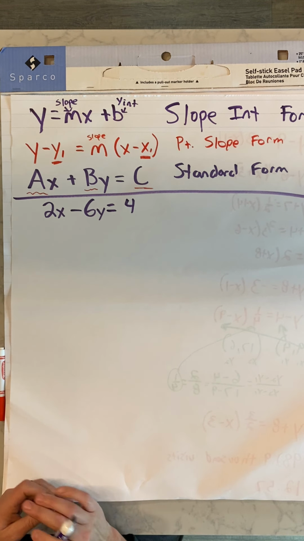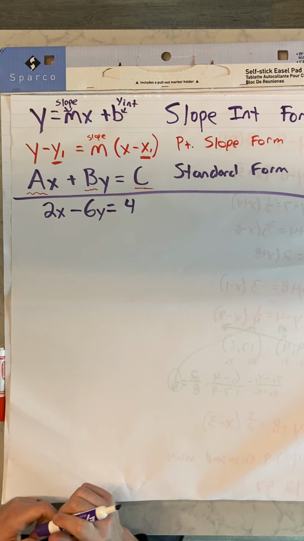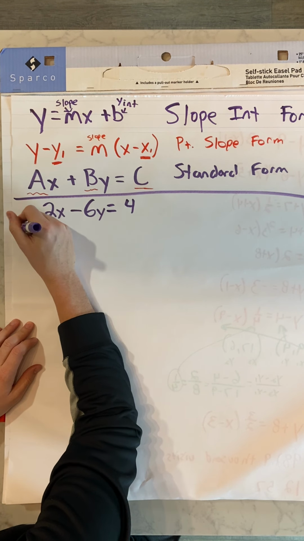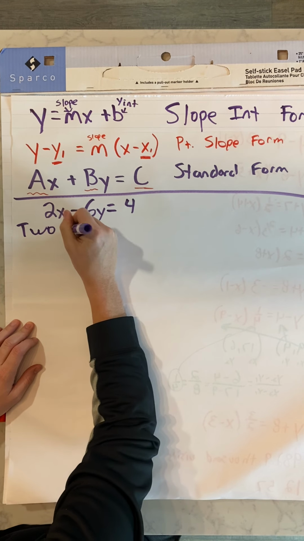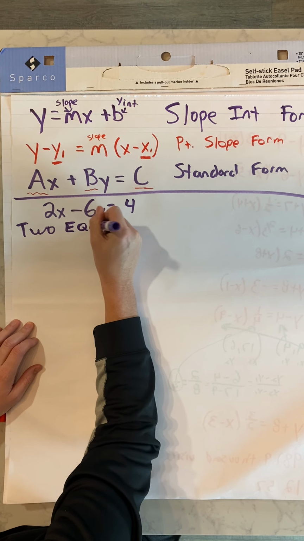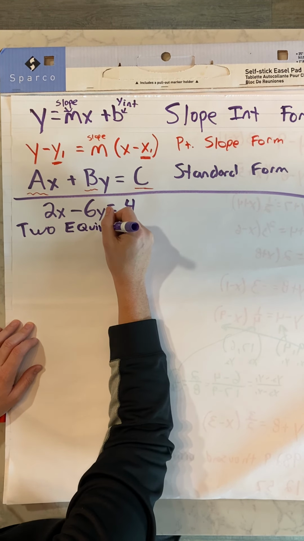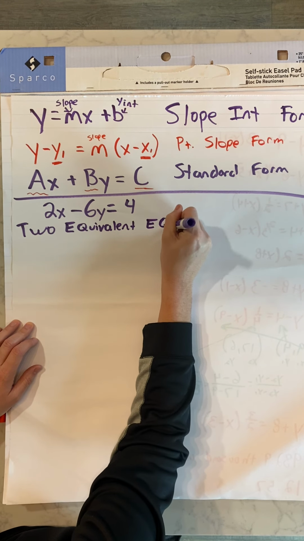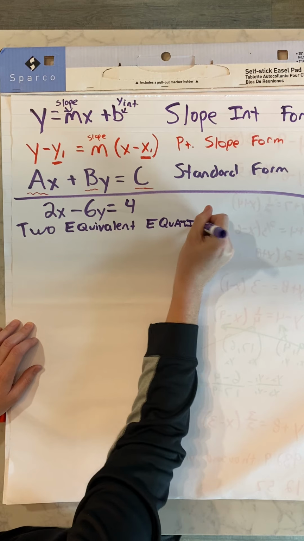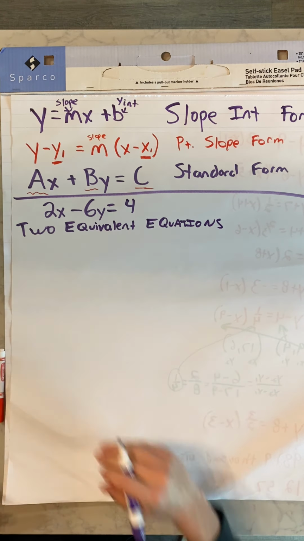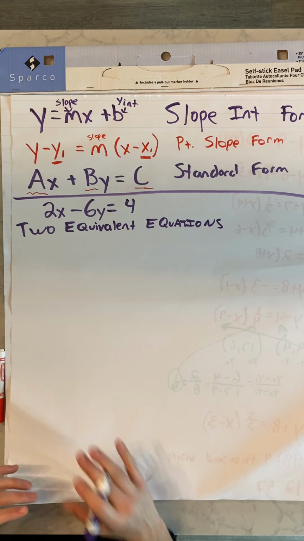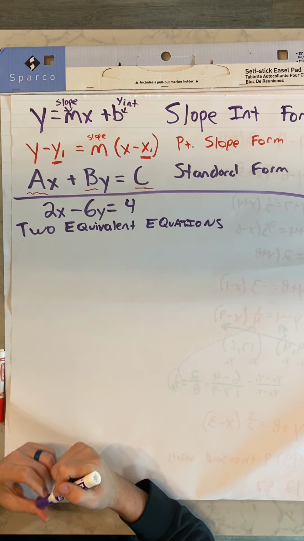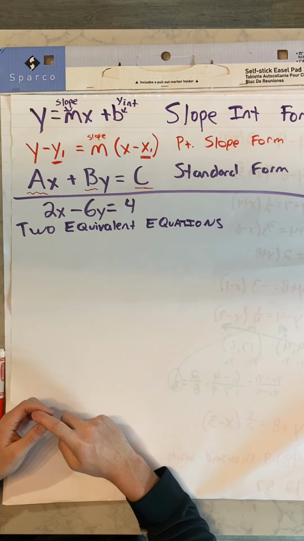For this problem, we want to write 2 equivalent equations. So we want to write 2 equations that are equivalent or equal to that. In order to do that, all we need to do is pick a number and multiply or divide by that number.